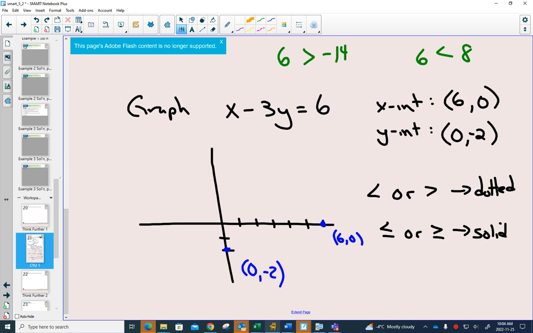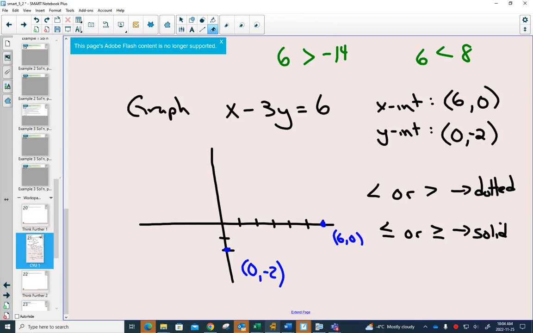Because the solid line would include the equals, and the equals is when you would normally graph the straight line. But the not equal sign, it doesn't include the actual line, so we draw it as dotted.